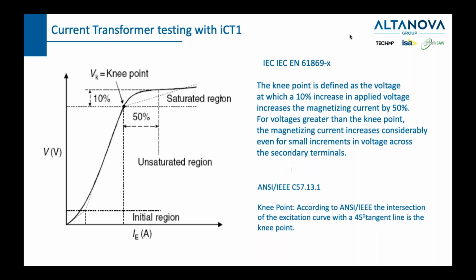IEEE or ANSI have a slightly different definition, which says, as you can see here, the intersection of the excitation curve with a 45-degree tangent line is the knee point. So here you would have 45 degrees, and even though they have a different definition, I would say that they of course describe the same thing.